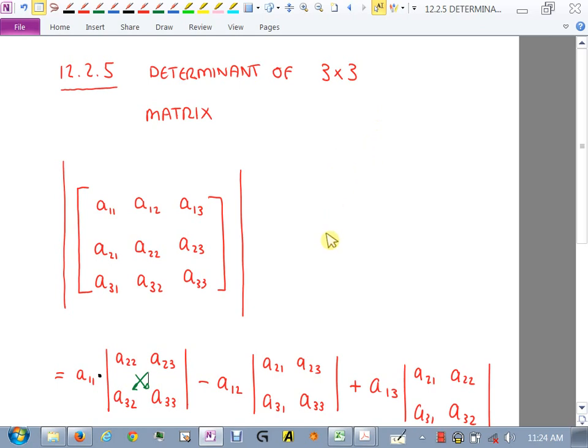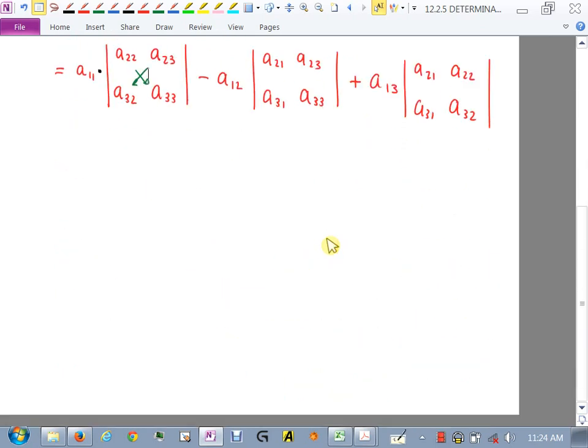Okay, so let's do a determinant. Let's see how this works out. It's not so bad, right? Well, let's do one, and then you can tell me if that's not so bad.